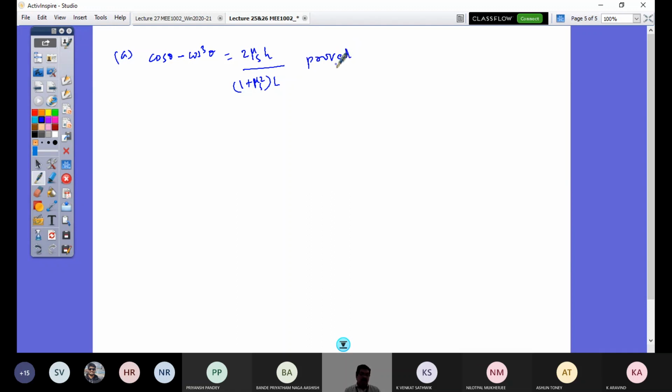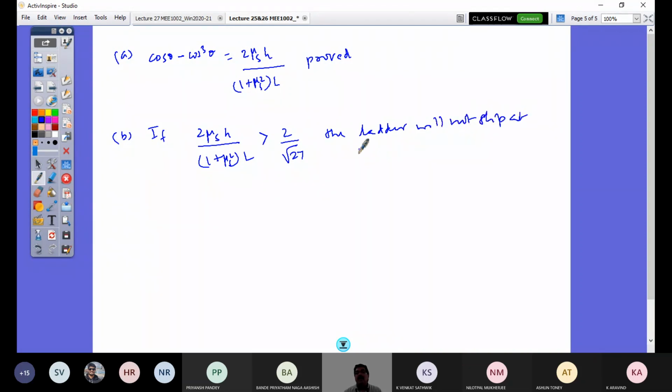So now the next question is, if this value 2 mu s h by 1 plus mu s square into L is greater than 2 by under root of 27, the ladder will not slip at any angle. So this is what you have to prove. How does this value come? Greater than this value, this ladder will not slide, it is said.